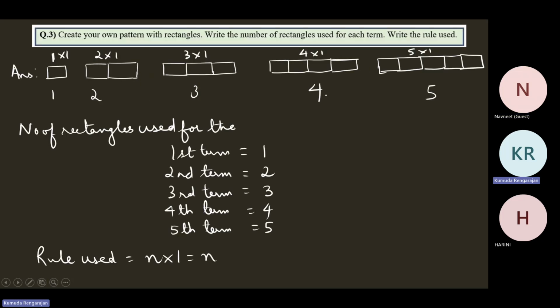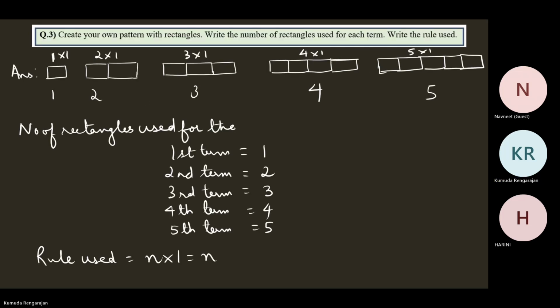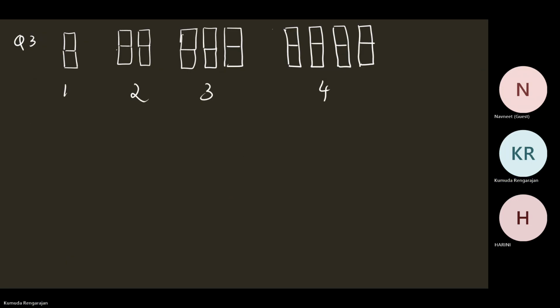So the first question is, create your own pattern using rectangles. So we've used rectangles and we've created our own pattern. What's the next question? Write the number of rectangles used in each term.